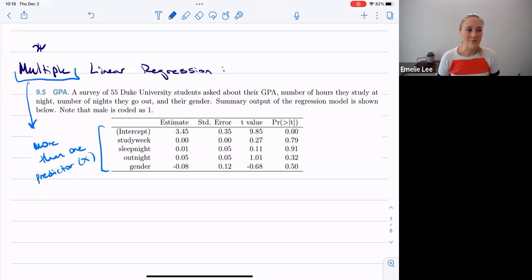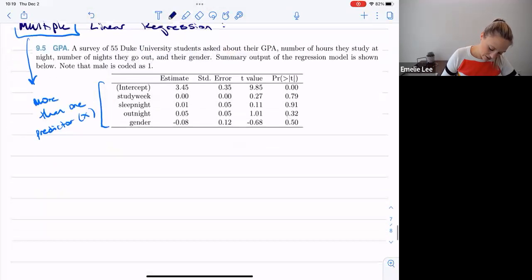I'll skim the question here. A survey of 55 Duke University students asked about their GPA, the number of hours they study at night, the number of nights they go out, and their gender. We can show this summary output here.